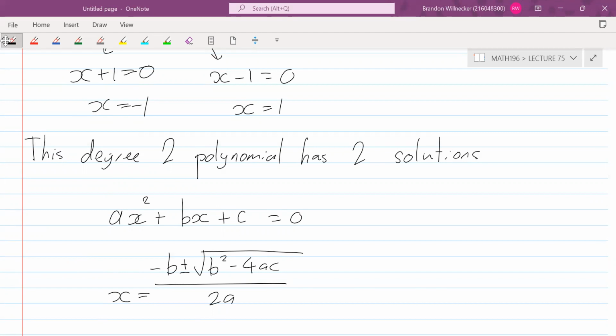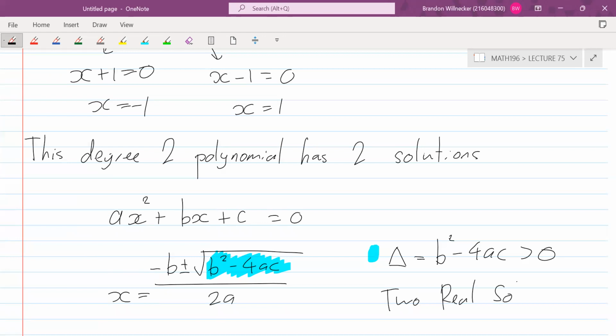Now, we know from high school work that we get real solutions when this discriminant is positive. Just a little note on that. When this discriminant, delta, which is b squared minus 4ac, is positive, we get two real solutions.